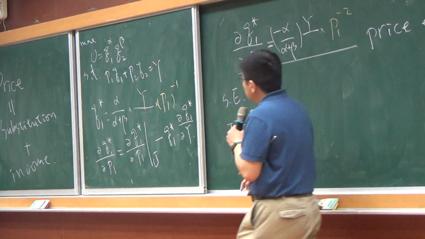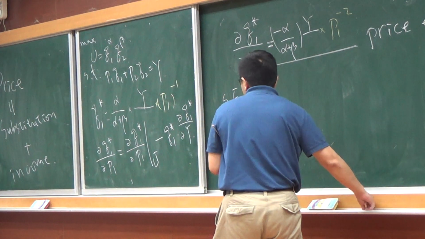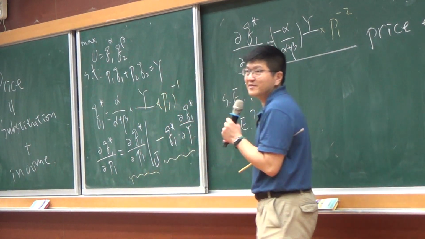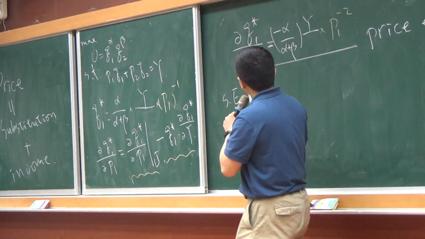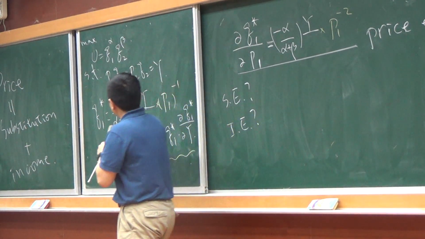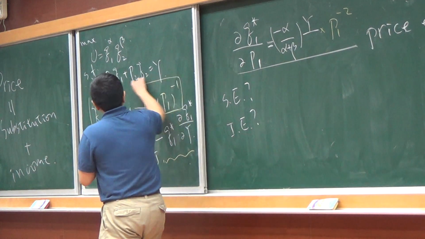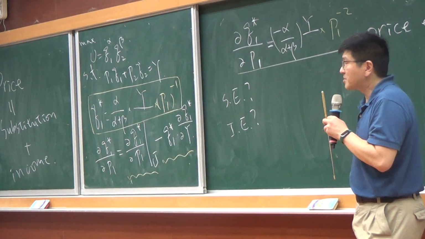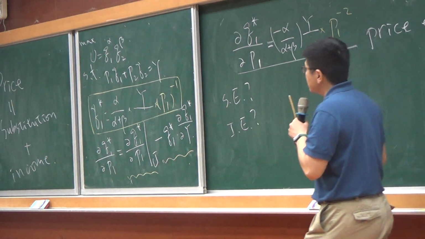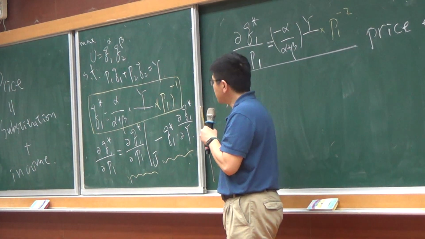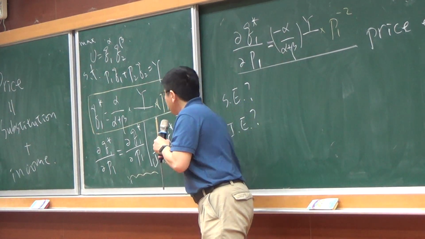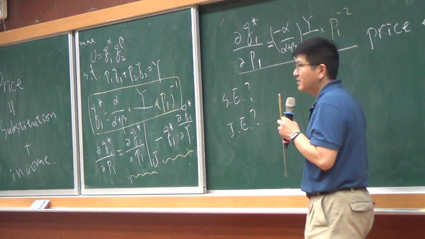So which one do you think is easier to derive? Now we have the equilibrium, or the optimal solution for Q1. So which part do you think is easier to derive?